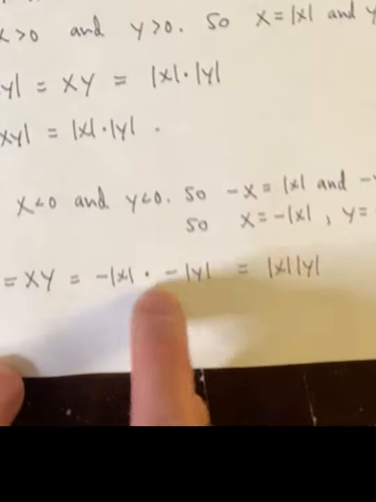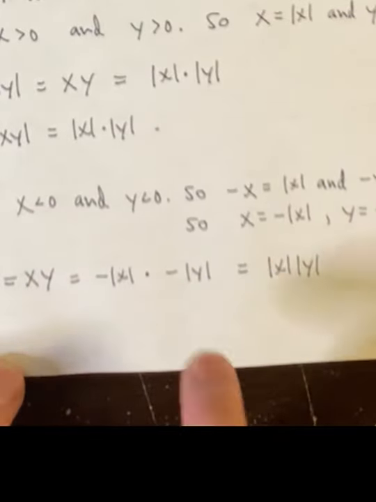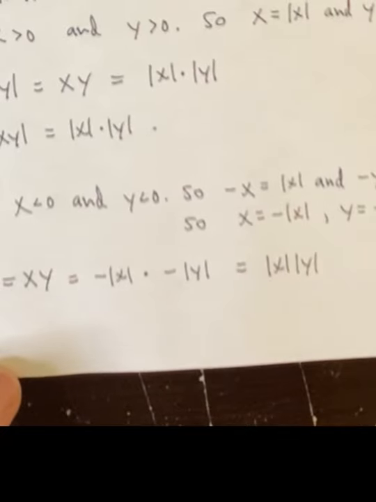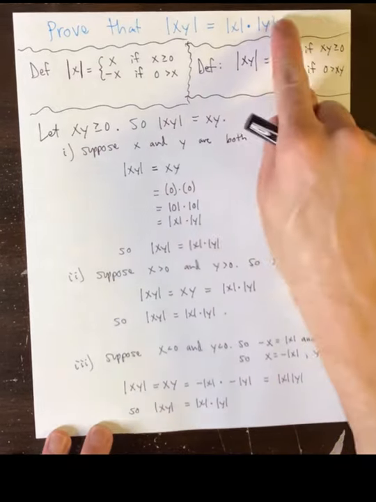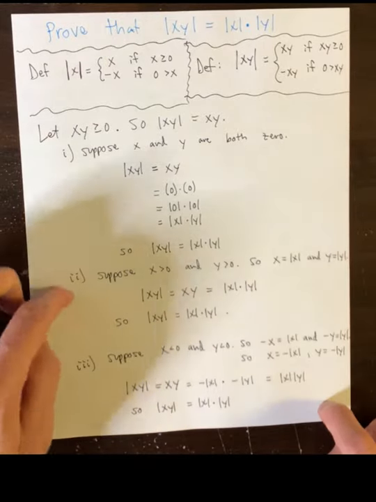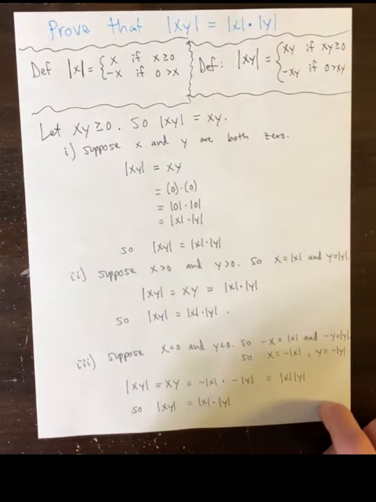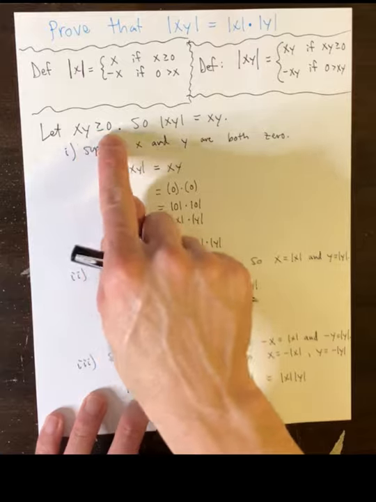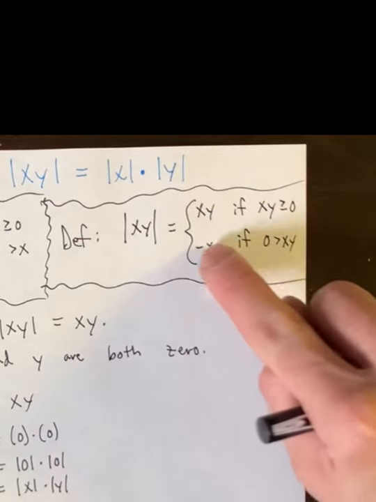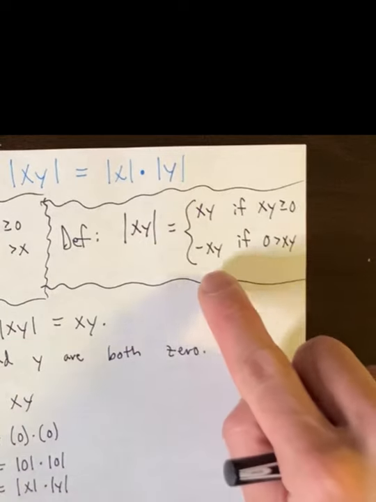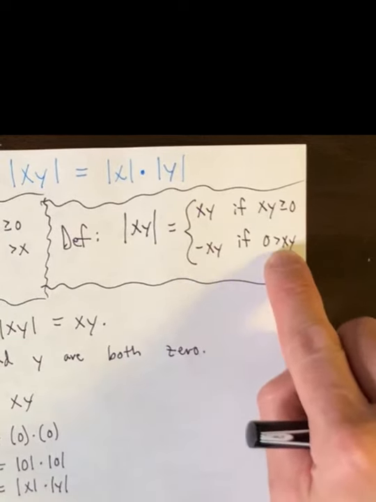From here to here, that's property 6. I'll say it again. From here to here, that's property 6. And yet again, we have proven the main thing. But notice that these three cases are only under the assumption that xy is greater than or equal to 0, which is this one. But now we have to quickly look at the bottom case, where xy is negative.